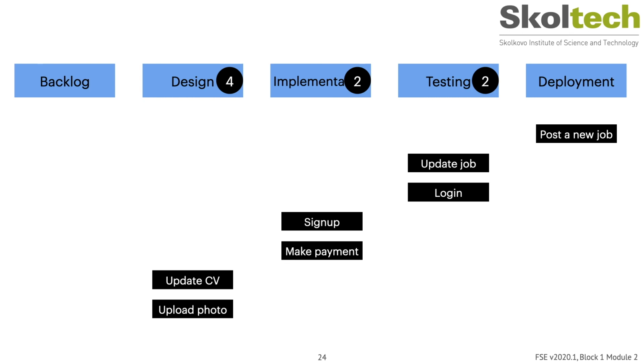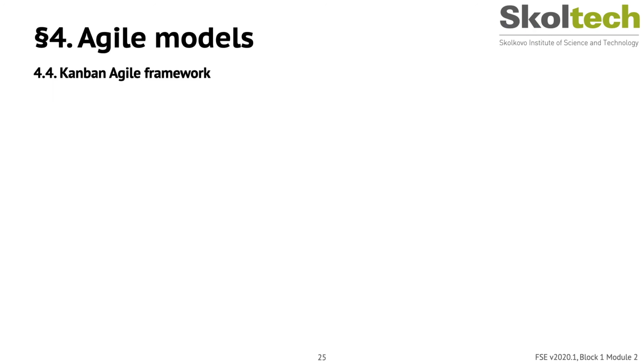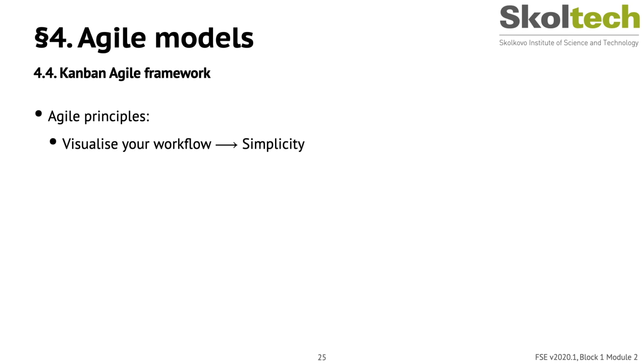Another issue that remains to be solved is to make process policies explicit so that, for example, people know exactly when to mark their items as done so they can move to the next stage. As you can see, a number of agile principles are being implemented in the Kanban framework as well. For example, visualizing your workflow leads to a simpler understanding of your pipelines and your work process.